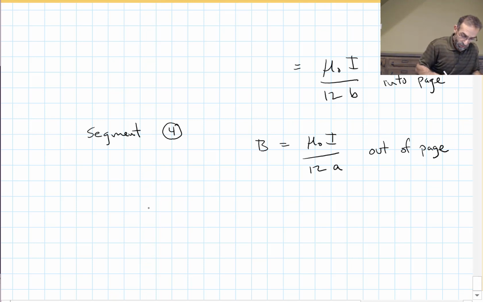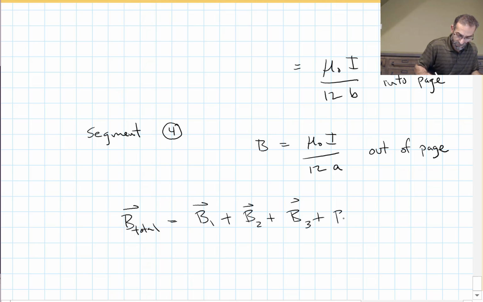So B total, it's vector addition. We add them all up. How many segments? 5 segments. We got 0.